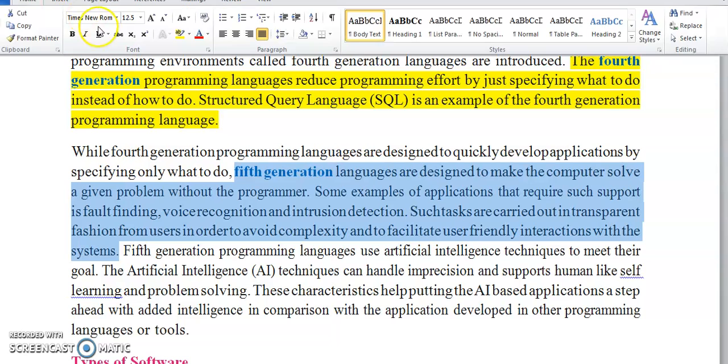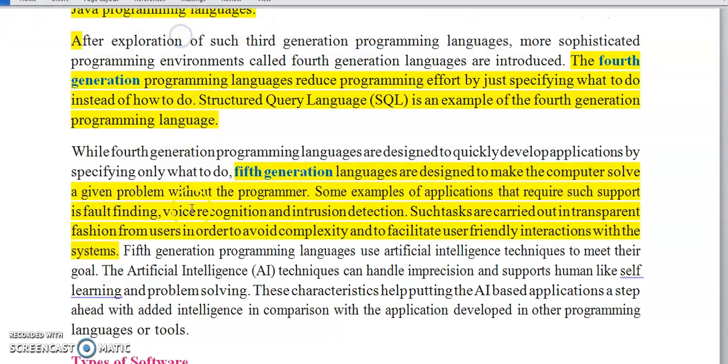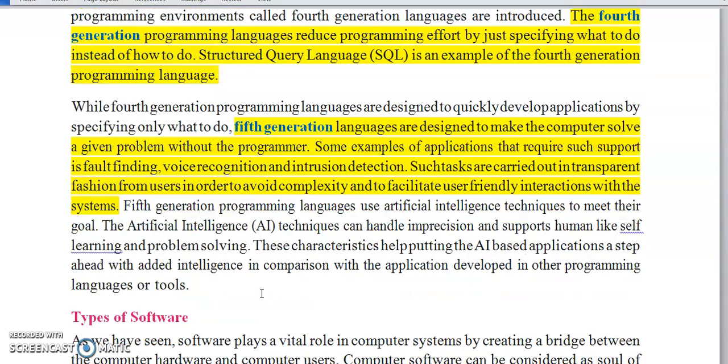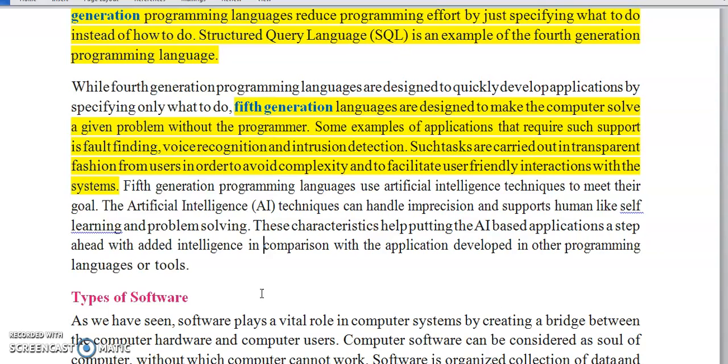The fifth generation programming languages use artificial intelligence techniques to meet their goal. AI techniques can handle imprecision and support human-like self-learning and problem solving. These characteristics put an AI-based application a step ahead, with added intelligence in comparison with applications developed on other programming languages or tools.